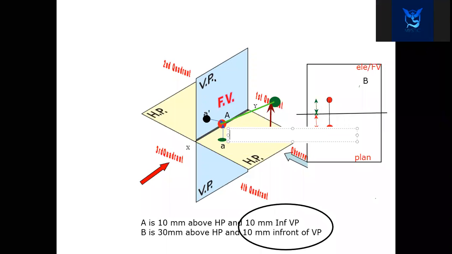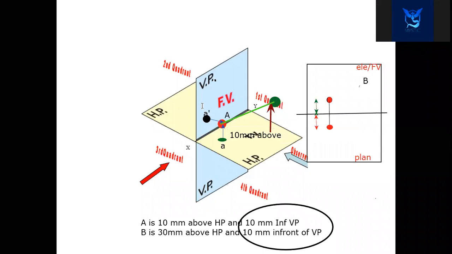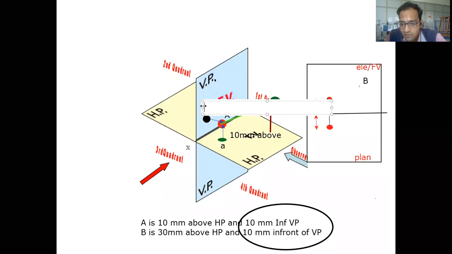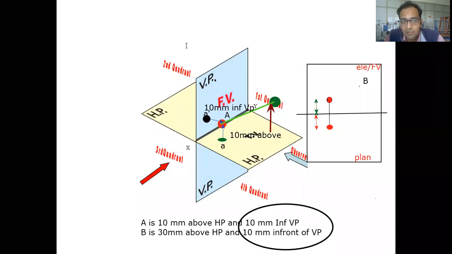We are saying that it is 10 mm above HP and 10 mm in front of VP. I hope you are able to understand that one. Yes. Okay, let us move ahead. I'm dropping a point C over here, and for C I am saying that it is 30 mm above HP and 30 mm in front of VP.